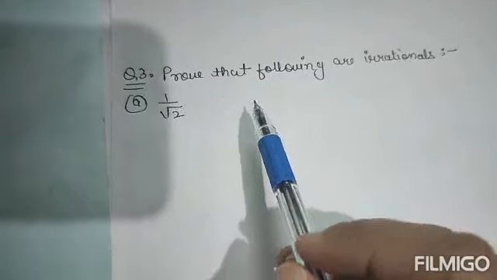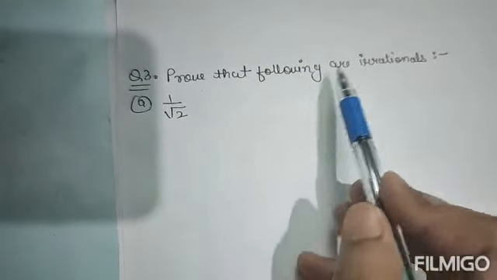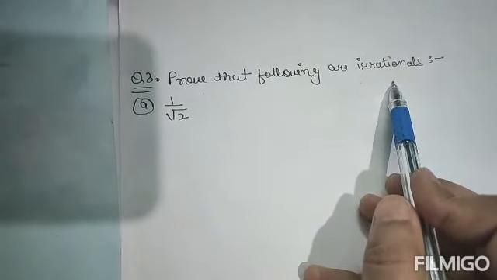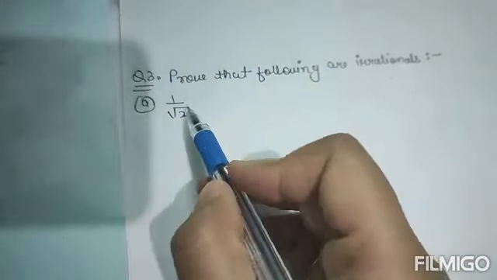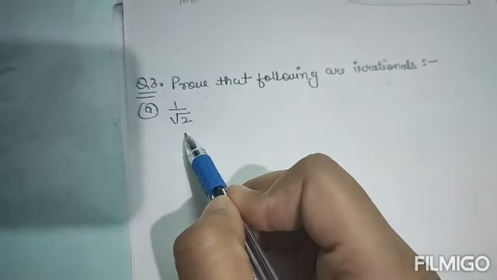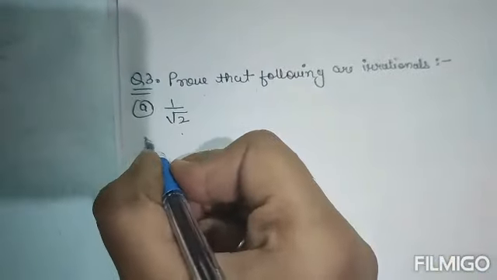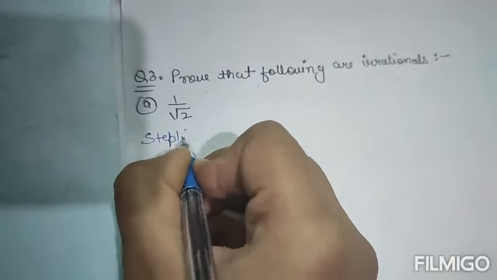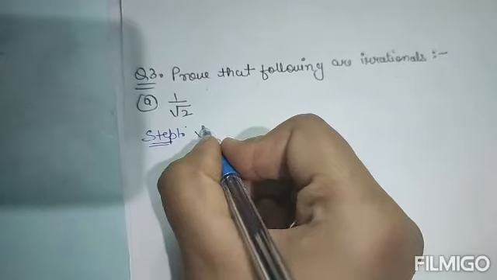On the last question of this exercise, prove that the following are irrationals. We have to prove this as irrational. Now look, it is written as 1 upon square root 2. Firstly, what will be the step 1 in such a question?